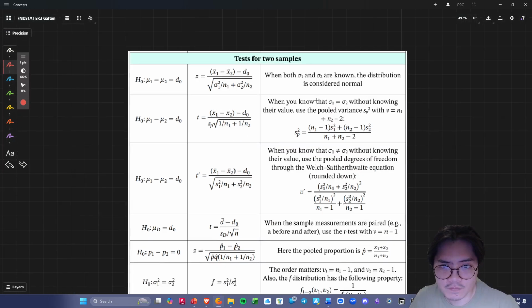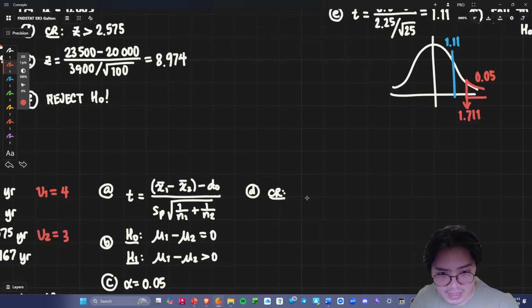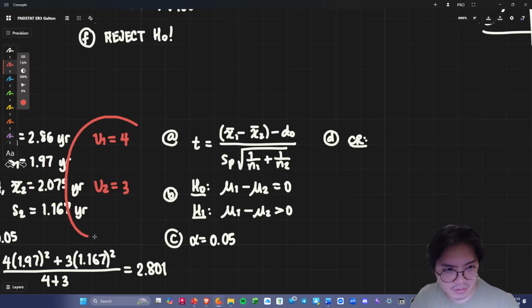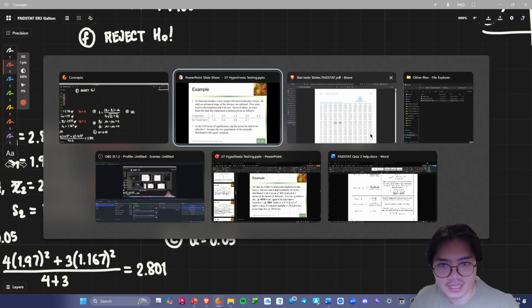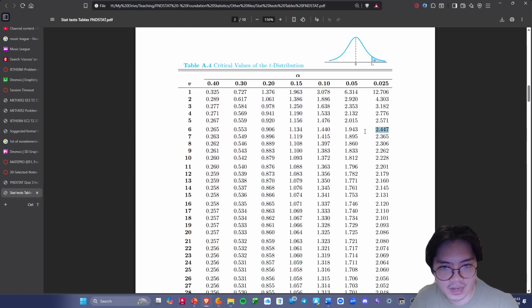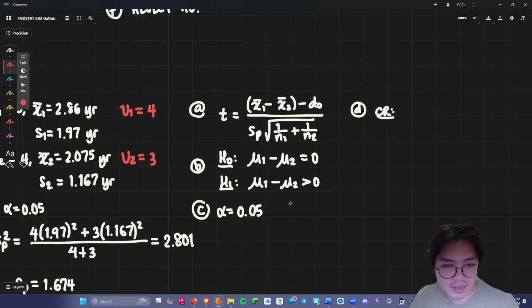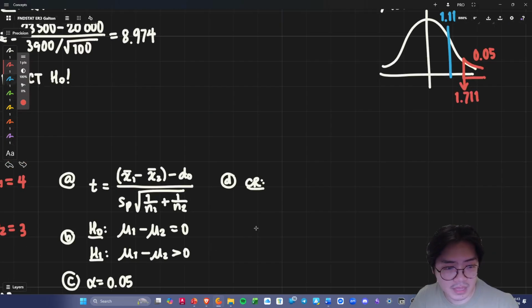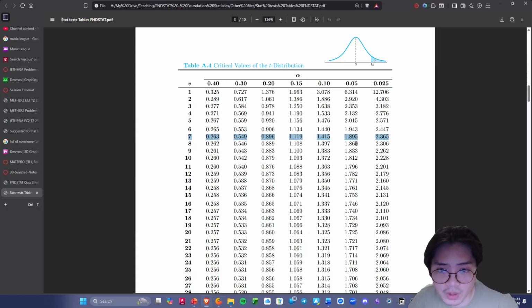Add 4 plus 5, that is 9, minus 2, that will be 7. So it's 7 and we just add 4 and 3. 7 down and 7, then bigger than 0.05, that will be 1.85.